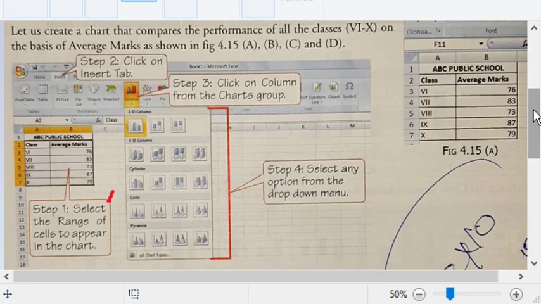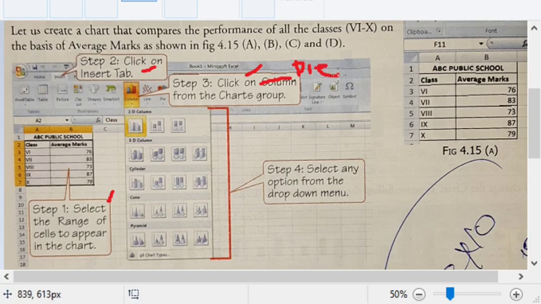Second, click on the Insert tab. Third, click on the column from the chart group. So there is a column, you remove it and write here pie, P I E. Okay, and the fourth step, select any option from the drop down menu.